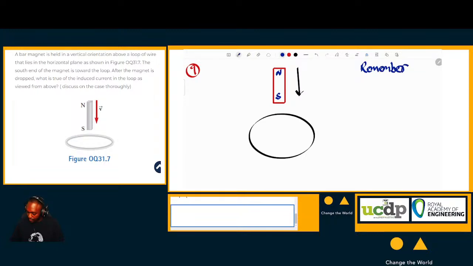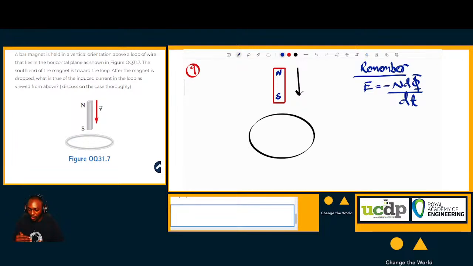I think so. It's going to decrease. You think it's going to decrease? So this magnet, okay, listen carefully. This magnet has got a magnetic field around it, right? And as it is moving closer to the loop, the magnetic flux in the loop is going to increase because it has moved closer to the loop.